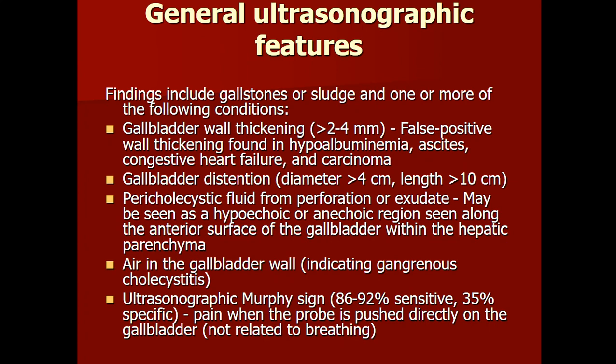Gallbladder distension with the diameter more than 4 centimeters and length more than 10 centimeters. Pericholecystic fluid from perforation or exudate. It may be seen as a hypoechoic or anechoic region along the anterior surface of the gallbladder within the hepatic parenchyma. Air in the gallbladder wall, indicating gangrenous cholecystitis.